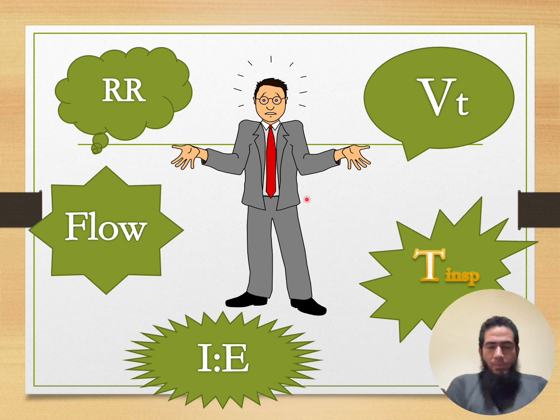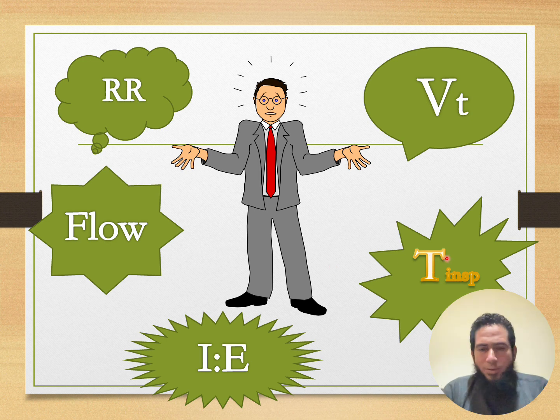All right, so here comes the question we always ask ourselves about. What's the relation between the tidal volume, the respiratory rate, the flow rate, the IE ratio, and the inspiratory time?